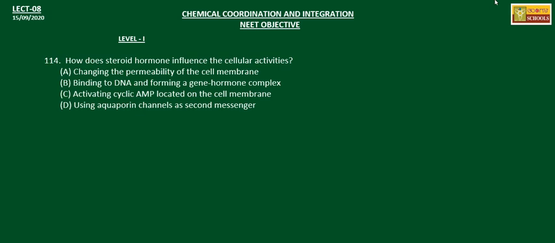Then for option B, binding to DNA and forming a gene hormone complex, make a correction here also. It is only printed as a gene hormone but not complex, so write down the complex also.